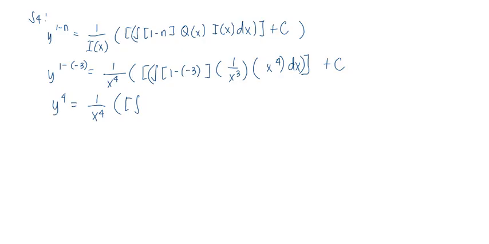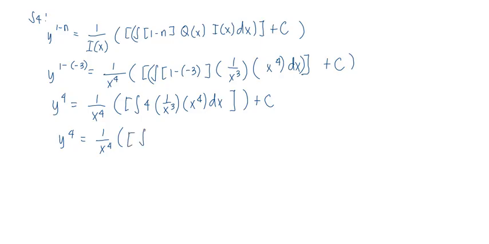I have to enclose this here. Then the integral of 4 times 1 over x raised to 3 times x raised to 4 dx, plus c. So y raised to 4 is equal to 1 over x raised to 4 times the integral of this, which can be rewritten as 4x dx, plus c.